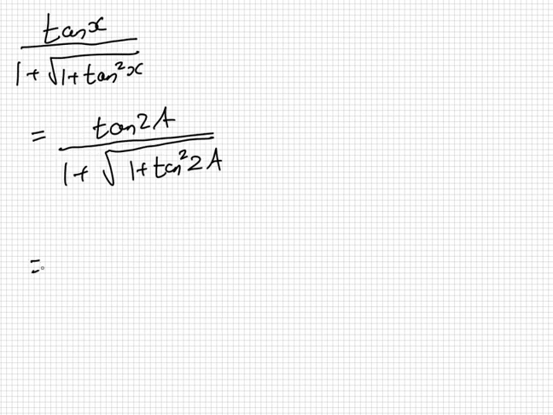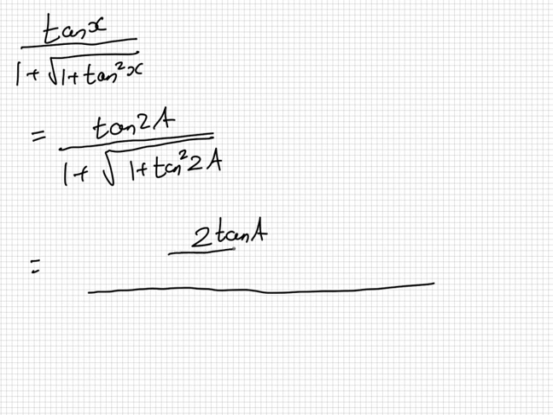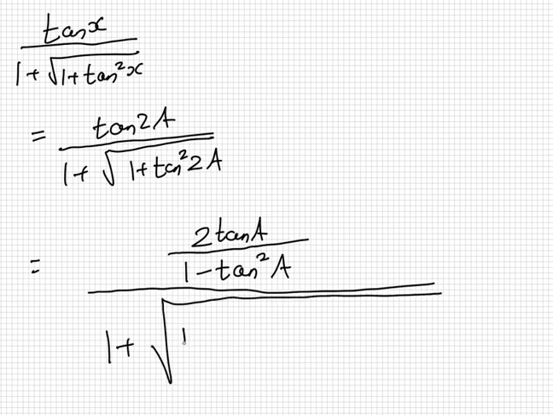Now you have a formula for tan 2a, don't you? It's 2 tan a all over 1 minus tan squared a. And this is 1 plus square root 1 plus tan 2a squared, which we have as tan 2a over 1 minus tan squared a.